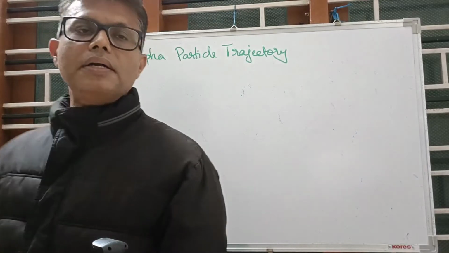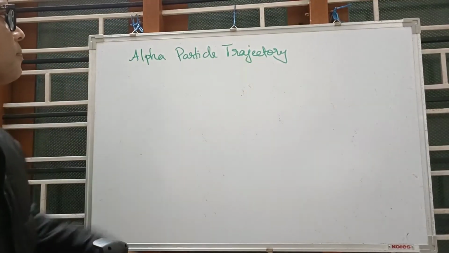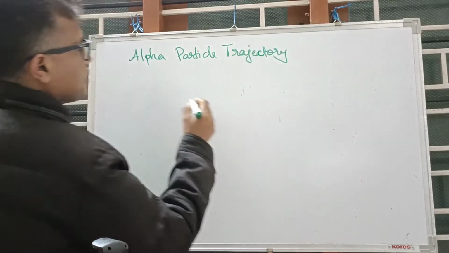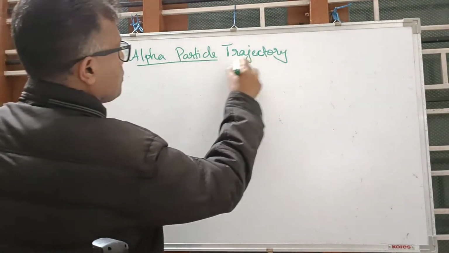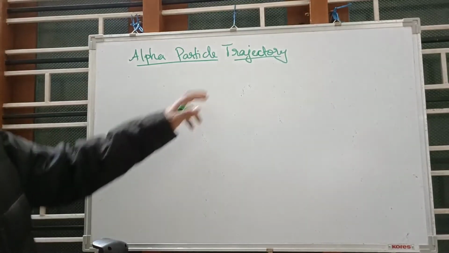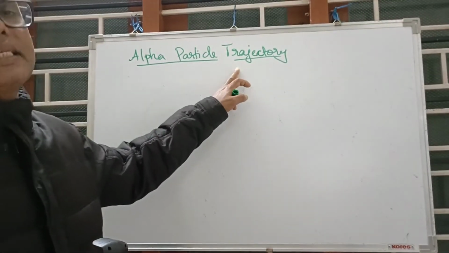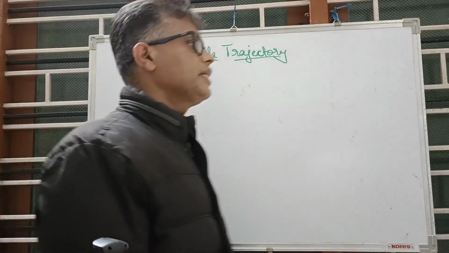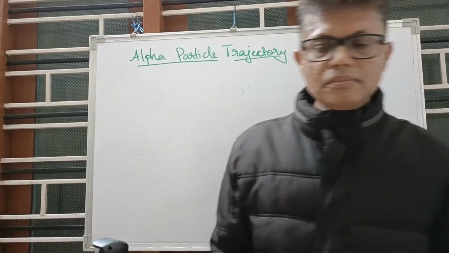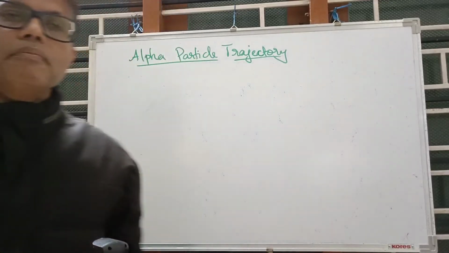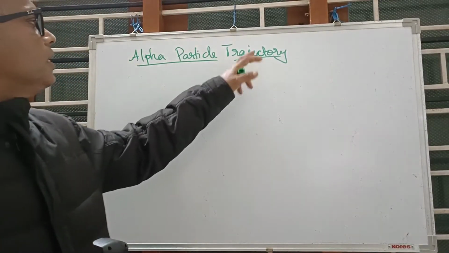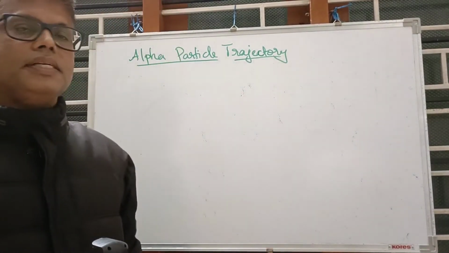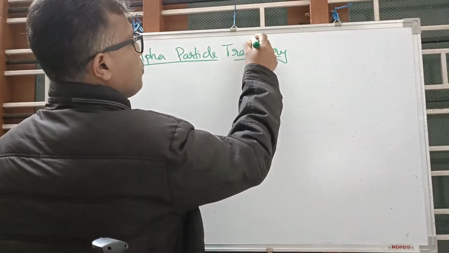What do you mean by the name trajectory? What is meant by trajectory? It is a simple English word. It is called the path followed by a projectile.